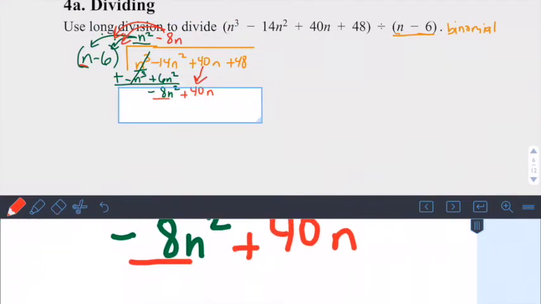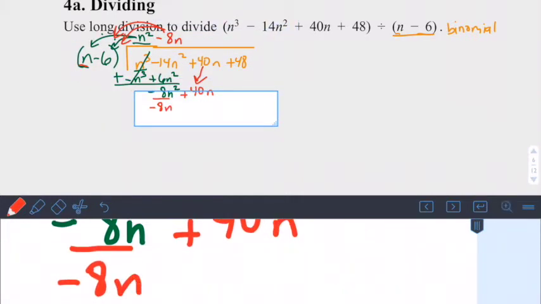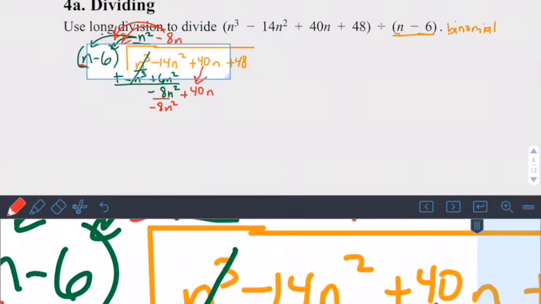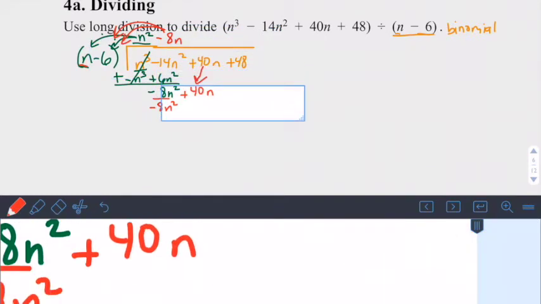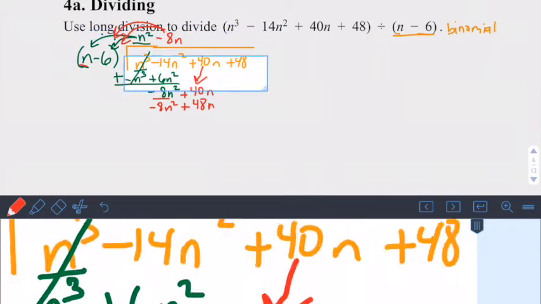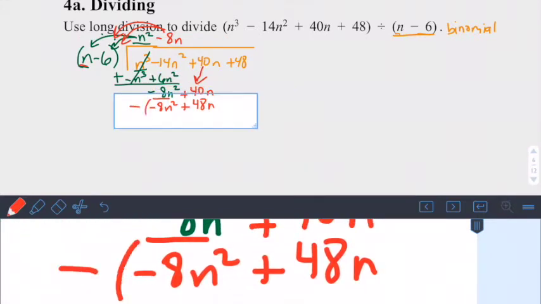So negative 8n times n is n squared, and then negative 8n times negative 6 is positive 48n. And then I need to subtract all of this, okay?